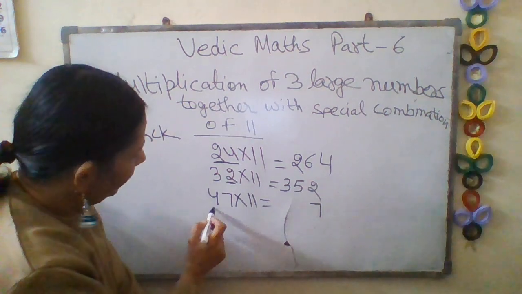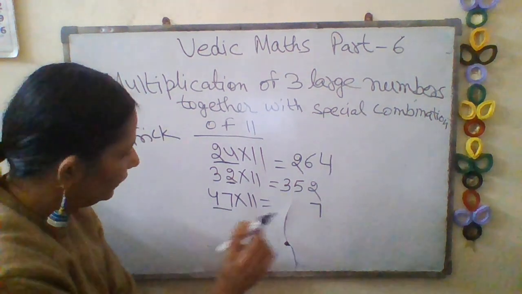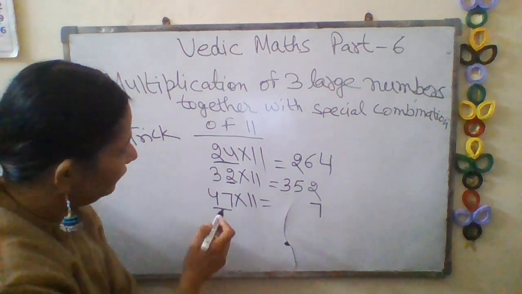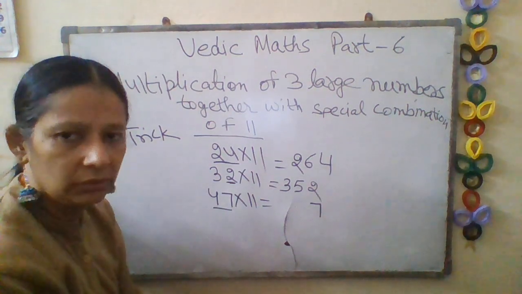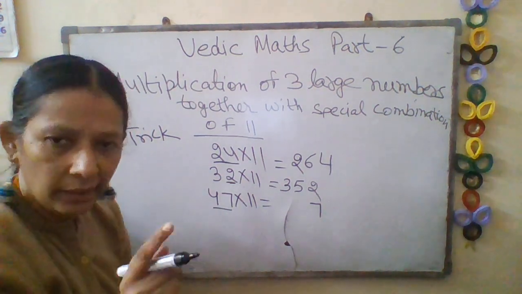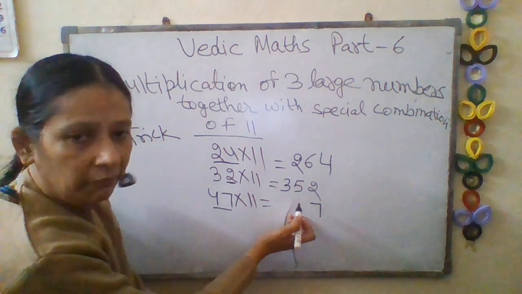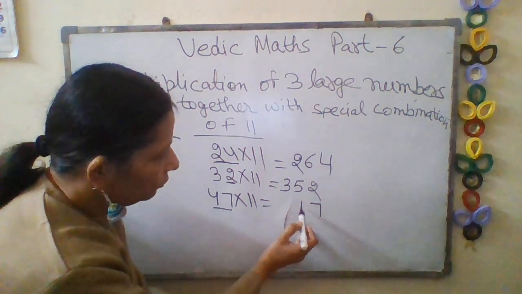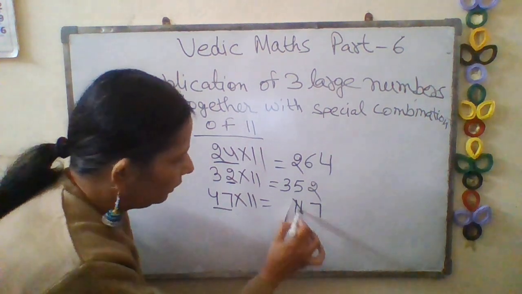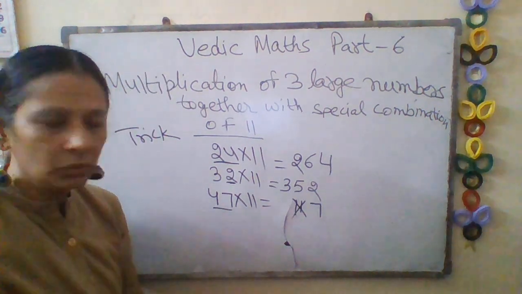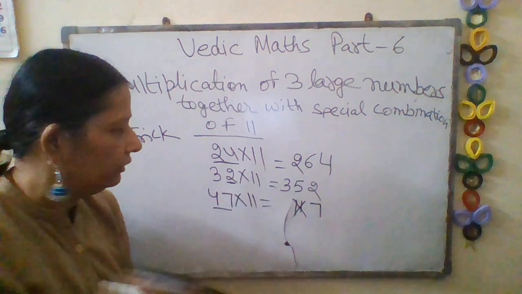Now when you add these two numbers, there is a difference. What is the difference? 7 plus 4 is equal to 11. Now 11 is a two-digit number, so you can't write down 11 here.